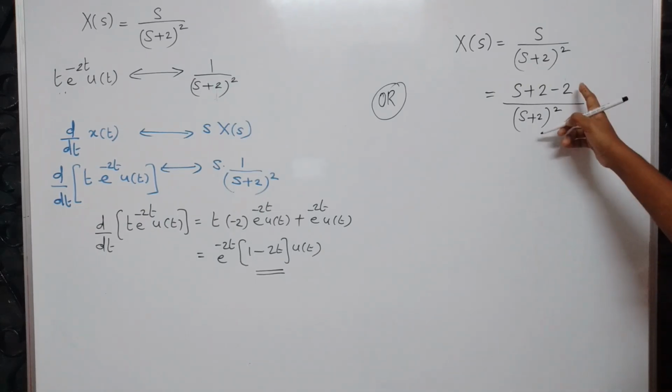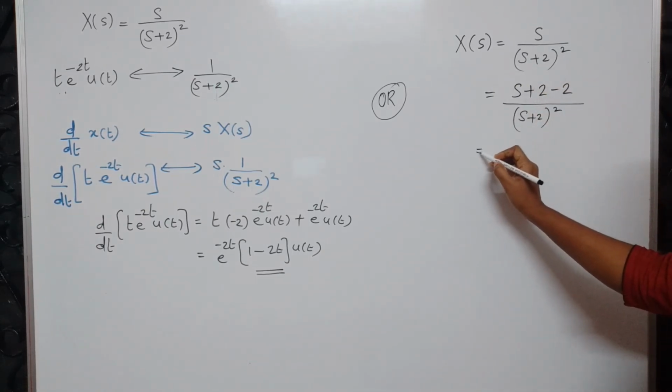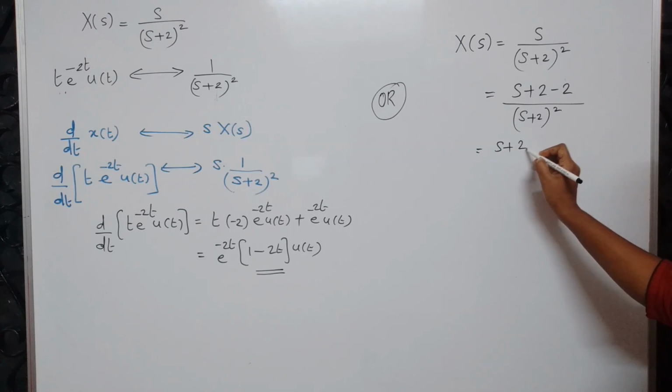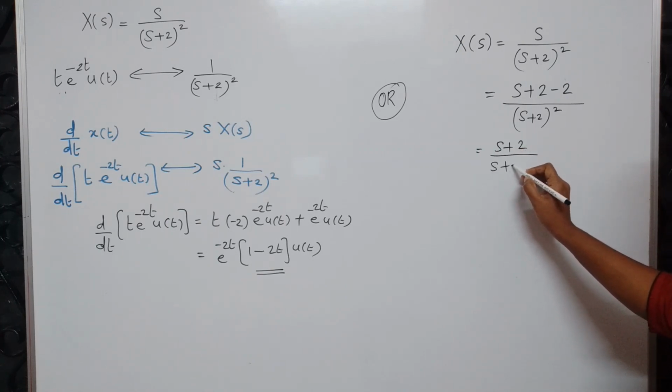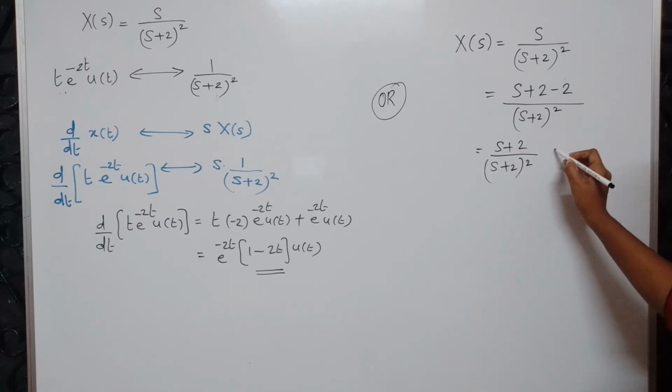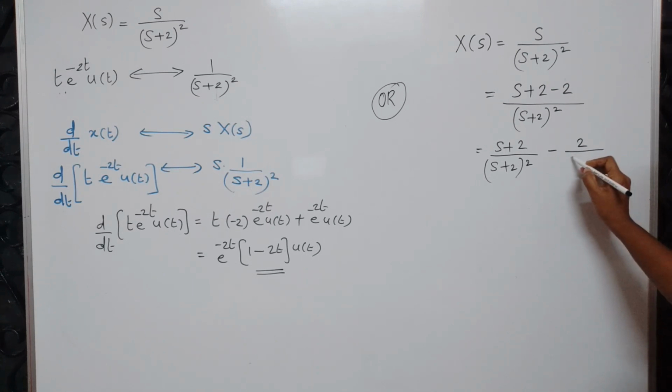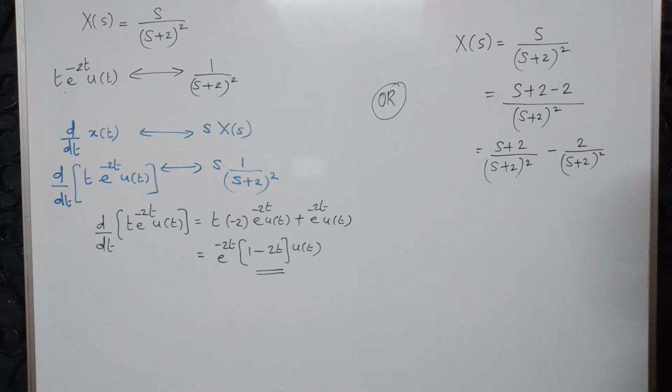Okay. I am going to split this into 2. So that will be (s plus 2) by (s plus 2) the whole square minus 2 by (s plus 2) the whole square.